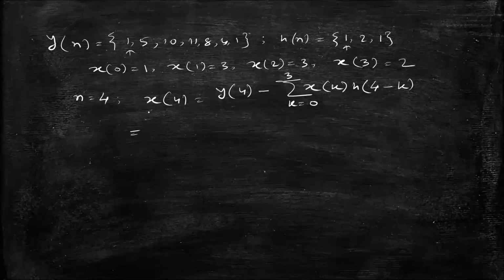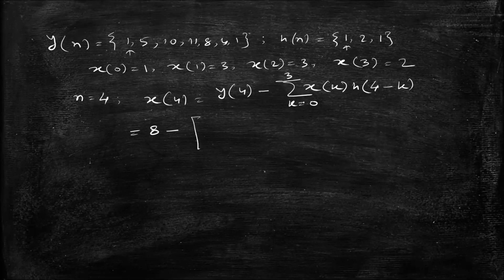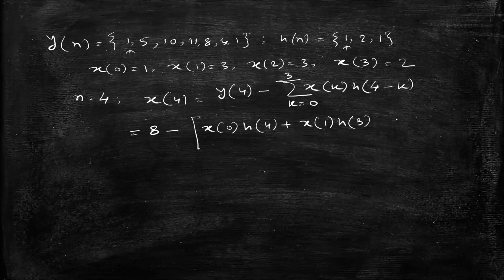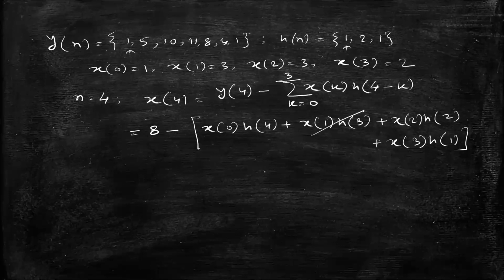Y of 4, that is 0 1 2 3 4, that is 8, minus x of 0 h of 4 plus x of 1 h of 3 plus x of 2 h of 2 plus x of 3 h of 1. Here h of 3 has no value, since h is only 0, 1, 2, so these terms will be 0, and similarly h of 4 also 0.